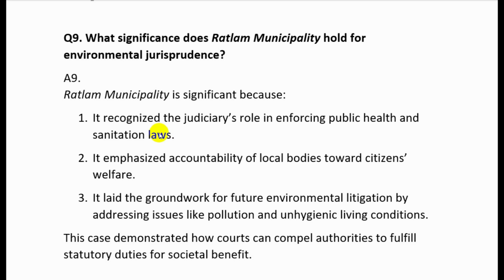And third, it laid the groundwork for future environmental litigation by addressing issues like pollution and unhygienic living conditions. This case demonstrated how courts can compel authorities to fulfill statutory duties for societal benefit.